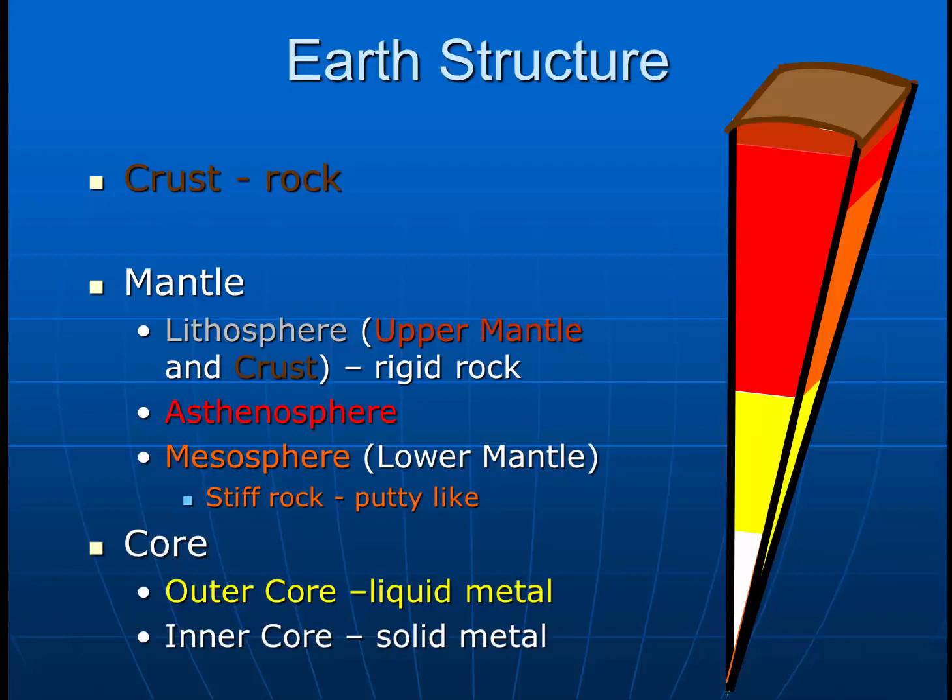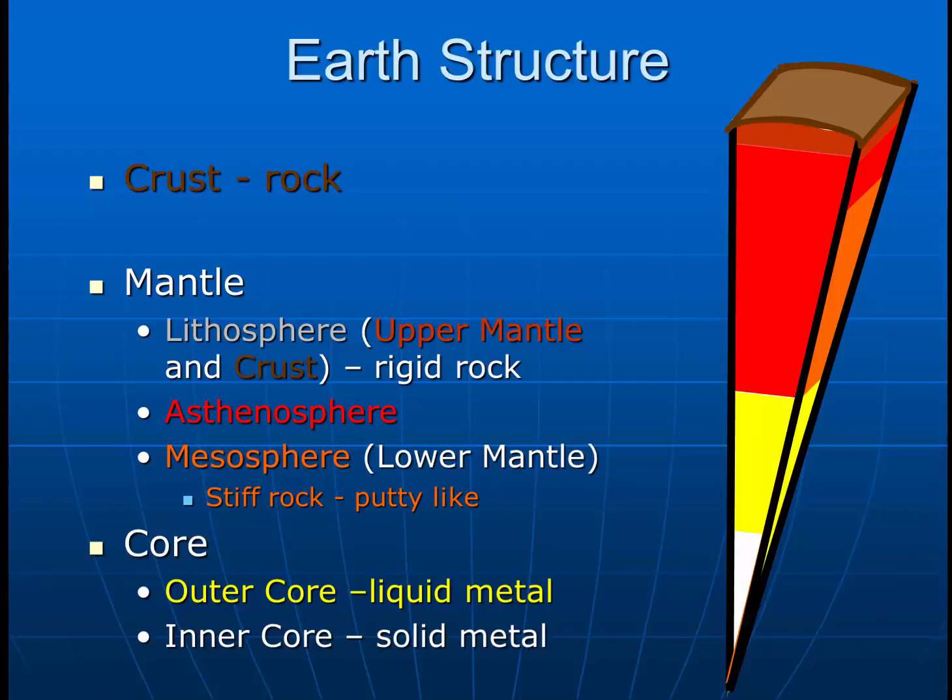The outer core of the Earth is made out of convecting liquid metal, and the inner core, due to the great pressures inside the Earth, is solid metal, mostly composed of nickel and iron.